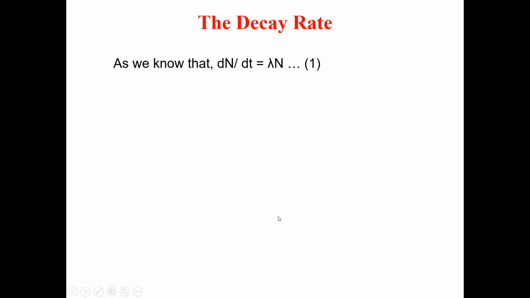Now, you also know from equation number 1, that dN over dt is equal to minus lambda N. You can recall that from the previous lectures where we denoted it as equation number 1.